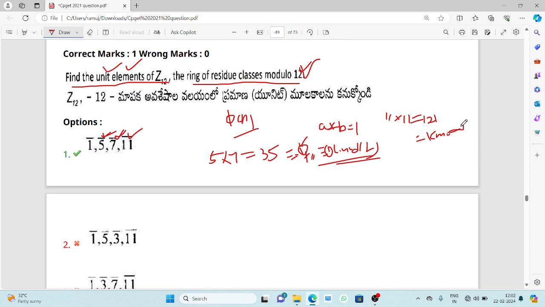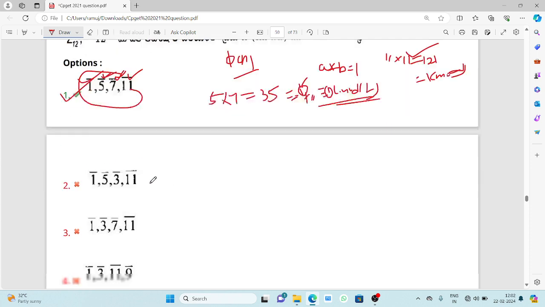So 11 is its own multiplicative inverse modulo 12. And 1 is the identity. So clearly this option is the correct one, and these elements are the unit elements of Z12.